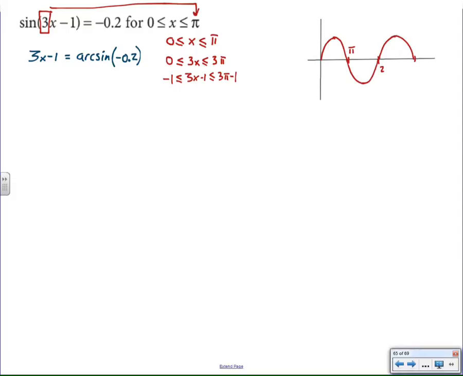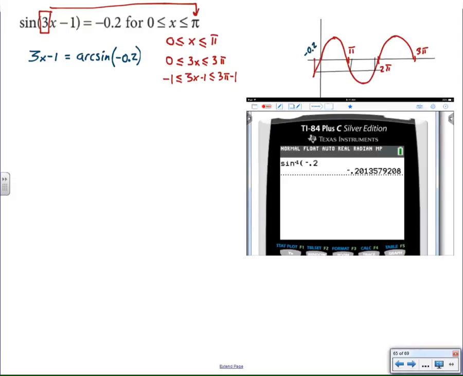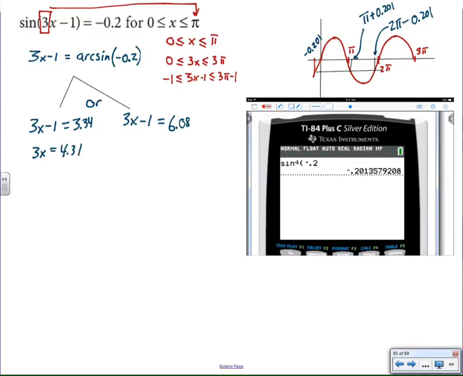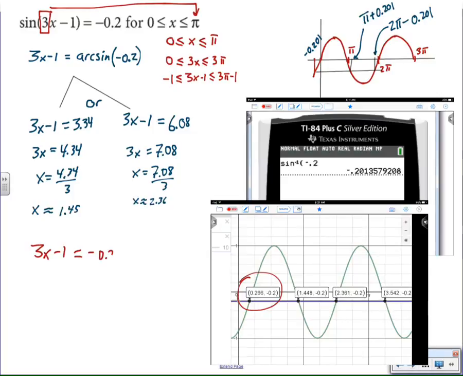So when I go through here and do this, I can see 3 different solutions. So I actually then will take 3x minus 1 and set it equal to each of my 3 values and find my 3 solutions accordingly. Only one that directly comes from the calculator, sadly.